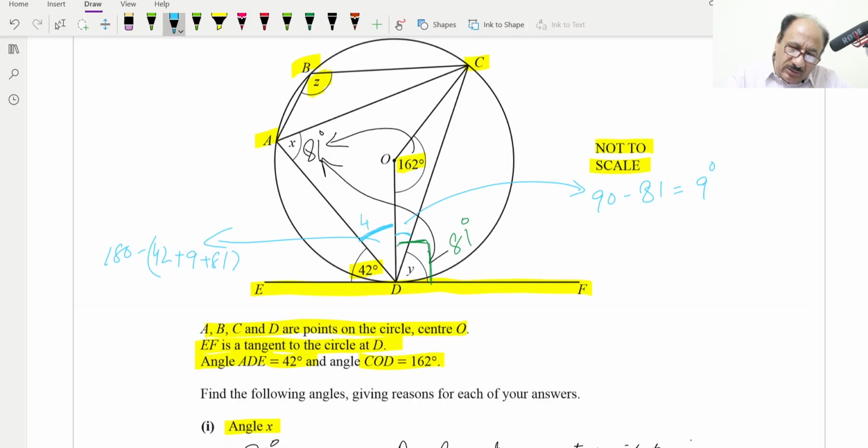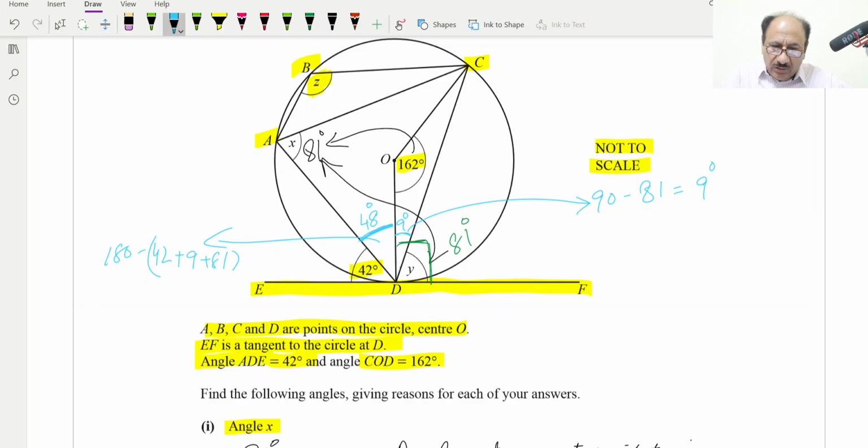So our angle, this one, is 48 degrees. Hopefully you understood this. I have provided the detail of this angle over here, so hopefully you are understanding each and everything.